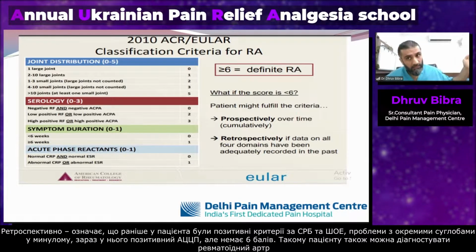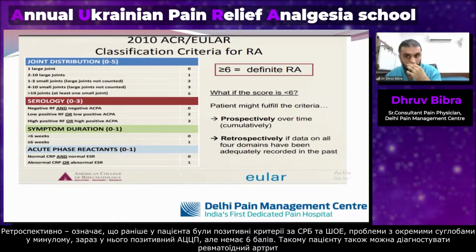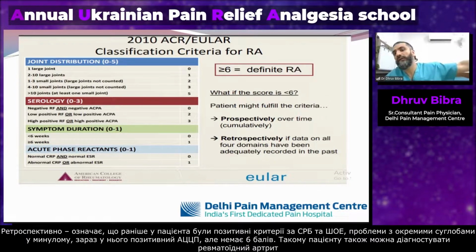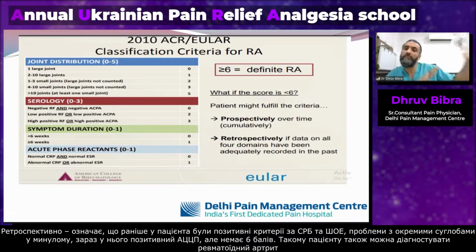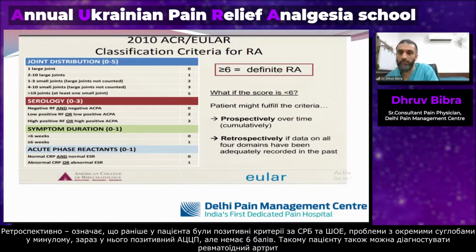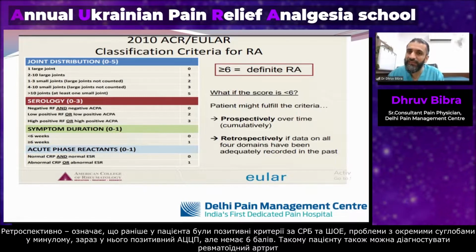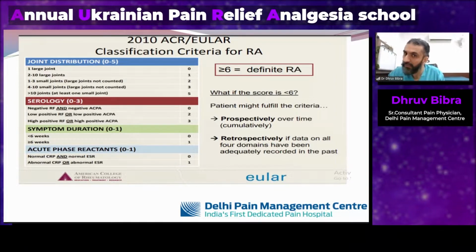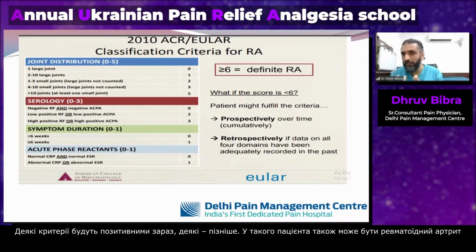Retrospectively means that in the previous records or history, the patient comes to us whose ESR or CRP was positive at some time, or whose history includes some joint problem in the past, and now his ESR and CRP are positive and the sum is greater than or equal to 6, then also we can label it as rheumatoid arthritis. The same goes if some tests are positive now and some come positive later, then also the patient can have rheumatoid arthritis.